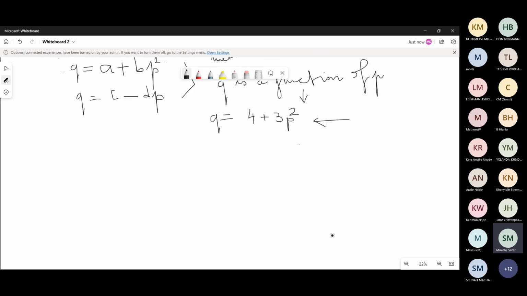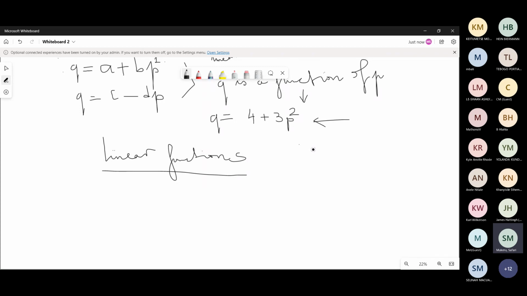Now, what did we do then with the linear functions? Linear functions are the most basic functions, linear from the word line, right?